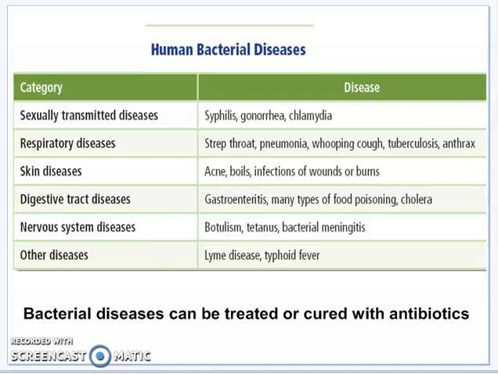Skin diseases like acne can be caused by bacteria. Digestive tract diseases like gastroenteritis, nervous system diseases like bacterial meningitis, and other diseases. But many of these diseases can be treated or cured with antibiotics.